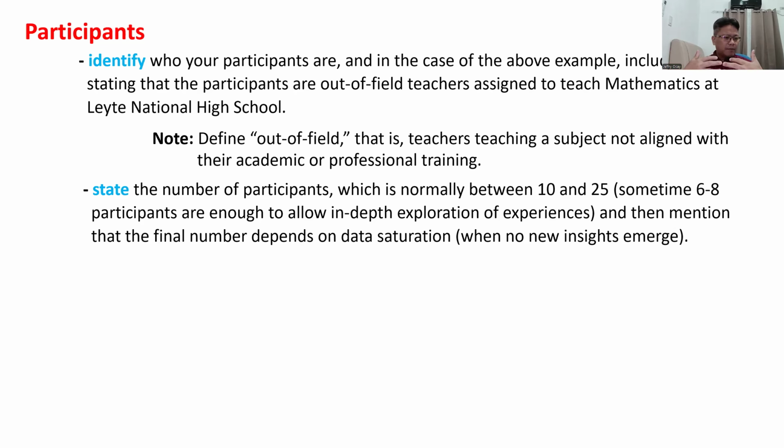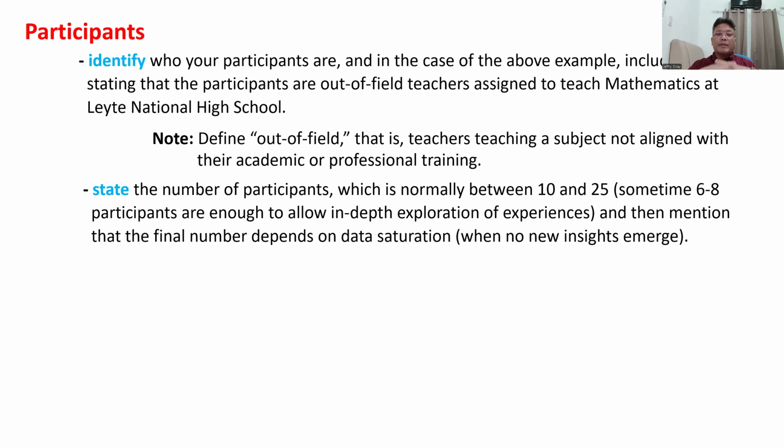So that's a perfect time for you to declare that indeed data saturation has been reached. And so if data saturation is reached in the 10th or 11th or 12th or 15th participant, then you stop the interview because it's useless to proceed to the 20th or the 25th, because again, there are no new insights gathered from the interview.